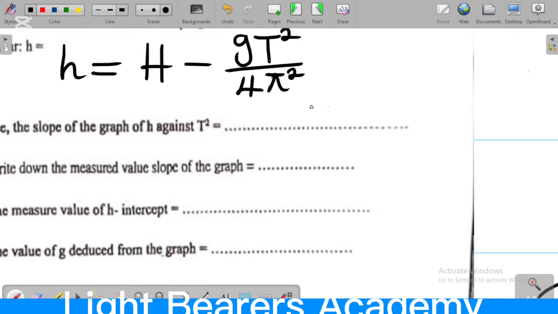All right, so the slope is what? 6.44 centimeter per second square.